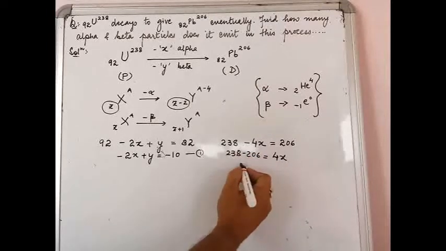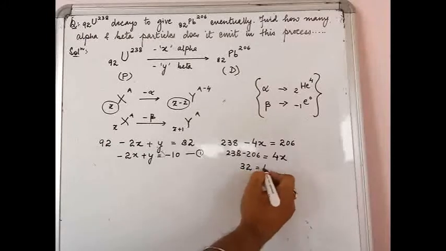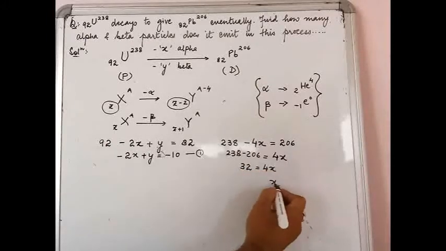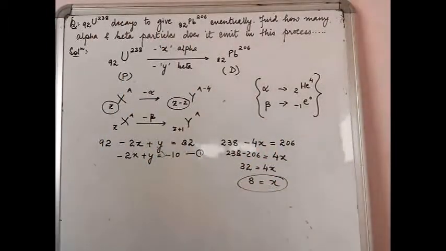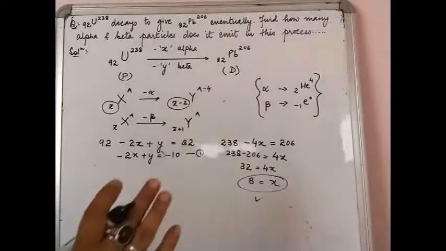This becomes 32 equal to 4x. Therefore x becomes 8, since 4 8s are 32. What was x? x was the number of alpha particles coming out. So this value tells you that there are 8 alpha particles that are going to be emitted.